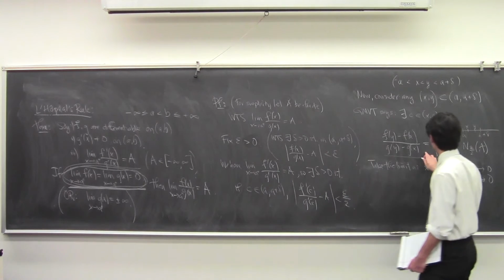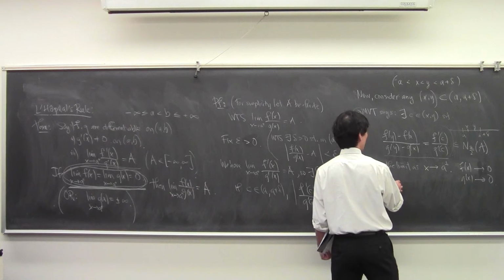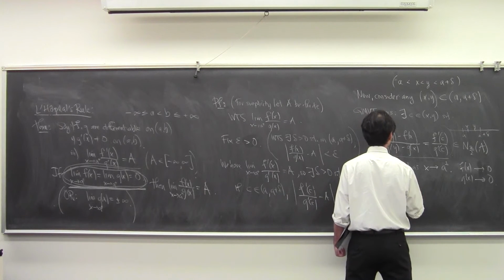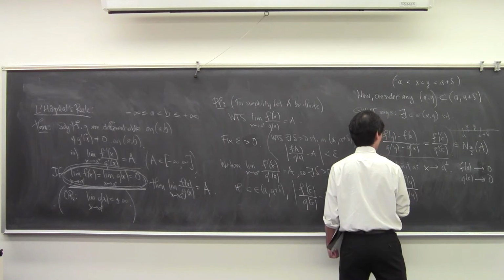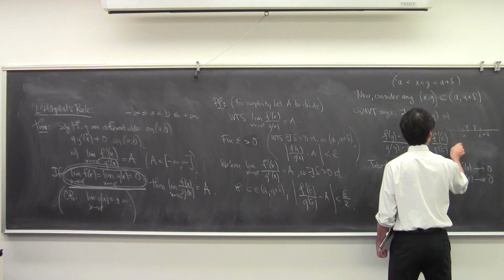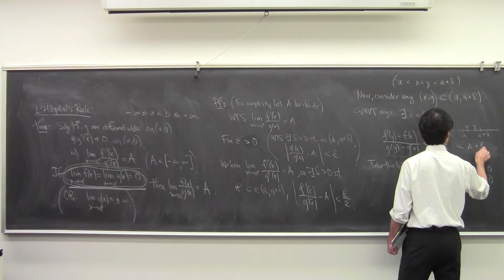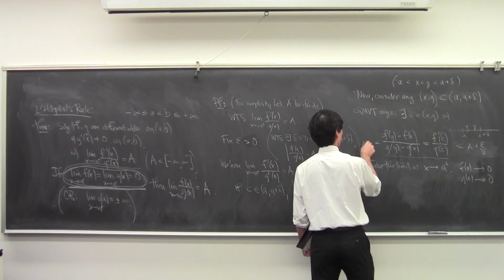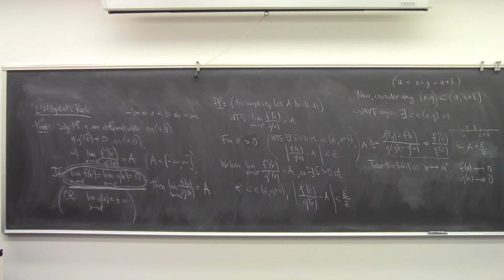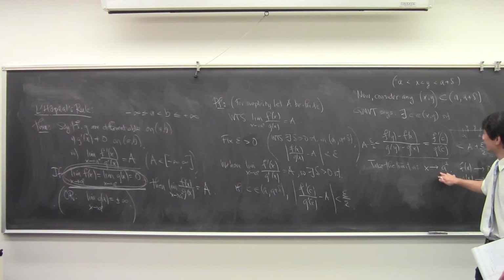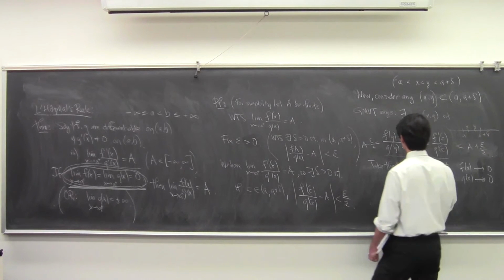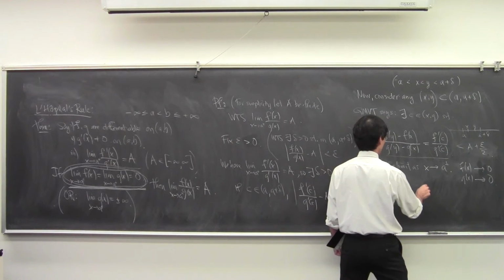And so you end up with f of y over g of y. So this thing lay between a minus epsilon over 2 and a plus epsilon over 2, and then you take the limit as x goes to a plus.